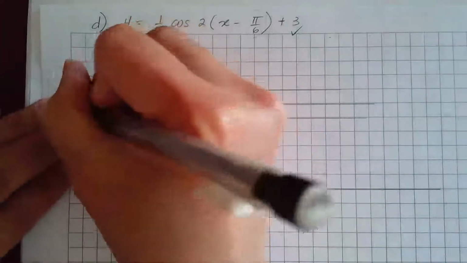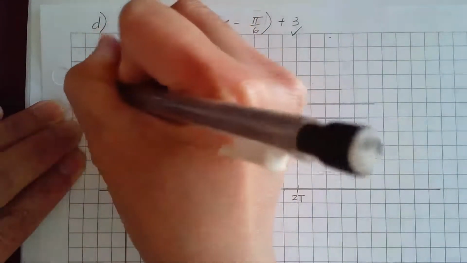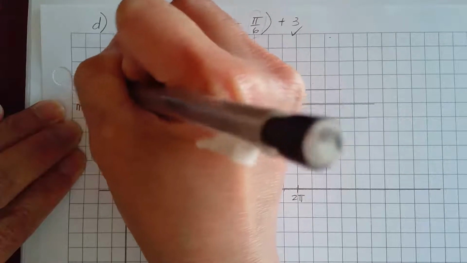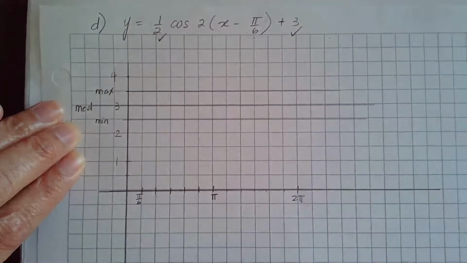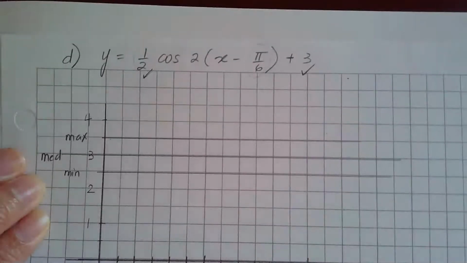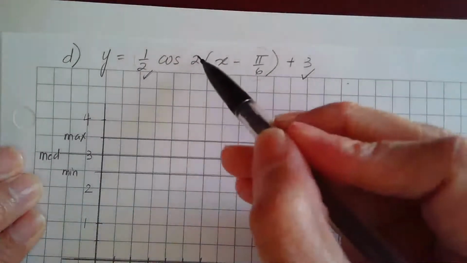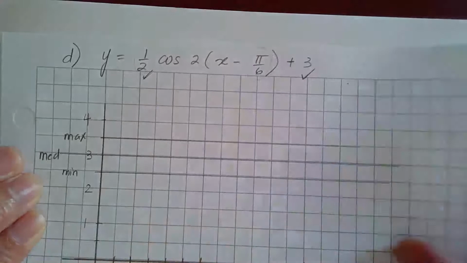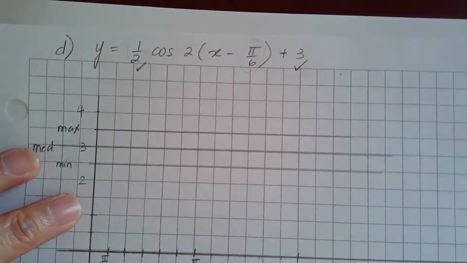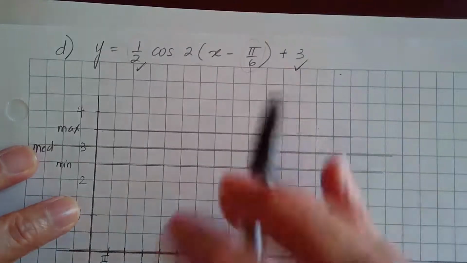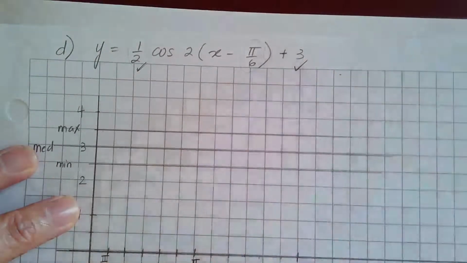So median, max, and then minimum down here. Okay, so what do we have to do? Our period, we said our period is every pi. And then we're shifting pi by 6.